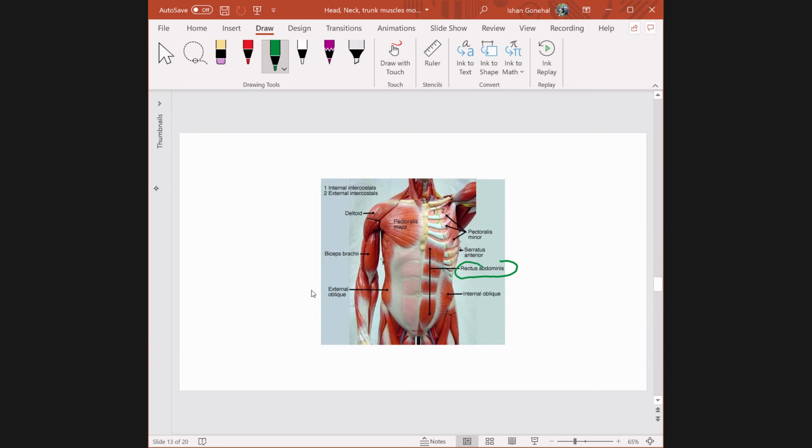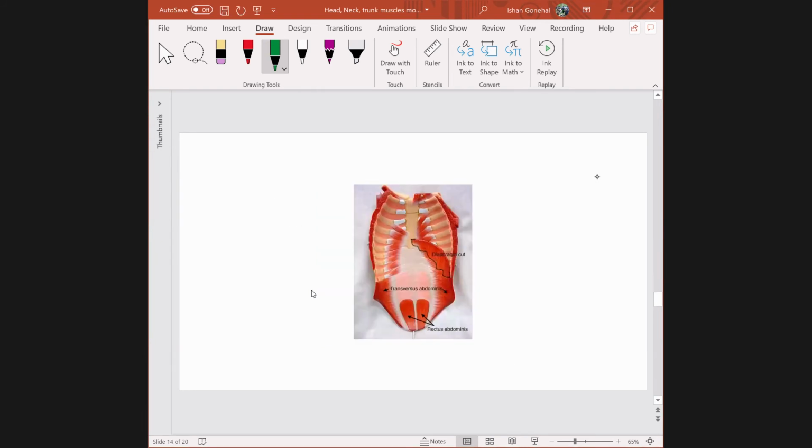Then this one is internal oblique and external oblique. Both help in turning your trunk. Then transverse abdominis, as I showed you before. When you go underneath, you will see transverse abdominis.